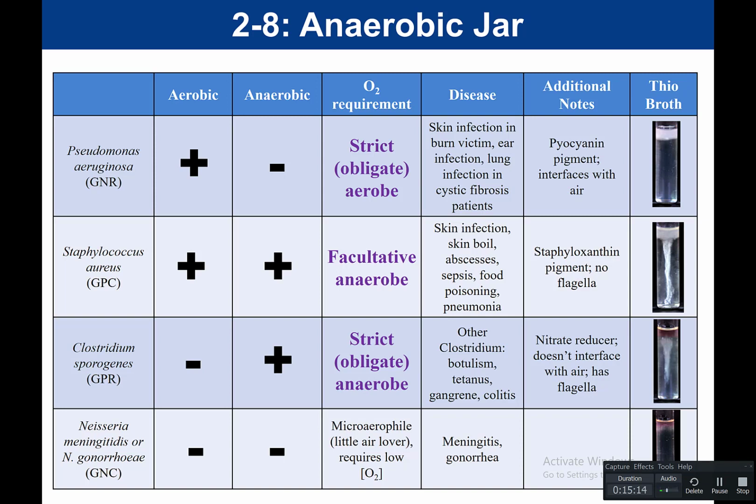So kissing, for example, sharing drinks, coughing can even happen, etc. Neisseria gonorrhoeae can cause gonorrhea. So this is a sexually transmitted infection.